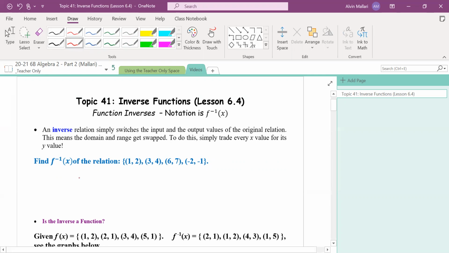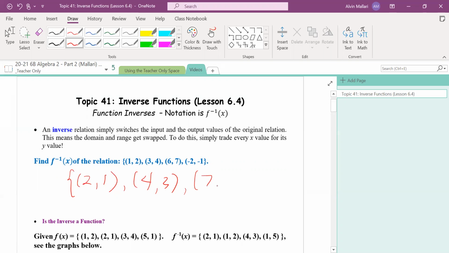That means the first point, 1, 2, will become 2, 1. And then the second point, which is 3, 4, will then become 4, 3. So we're just switching the x value for its y value. 6, 7 will be 7, 6.